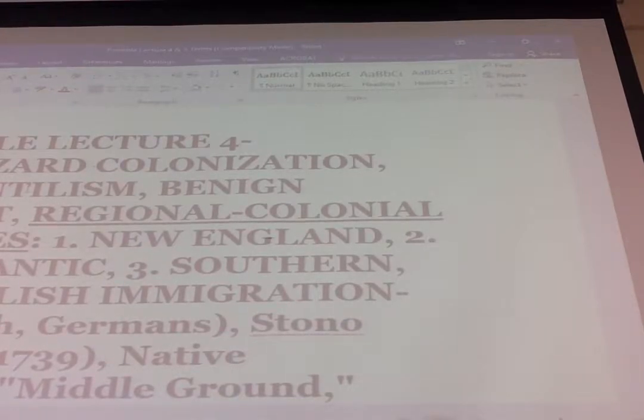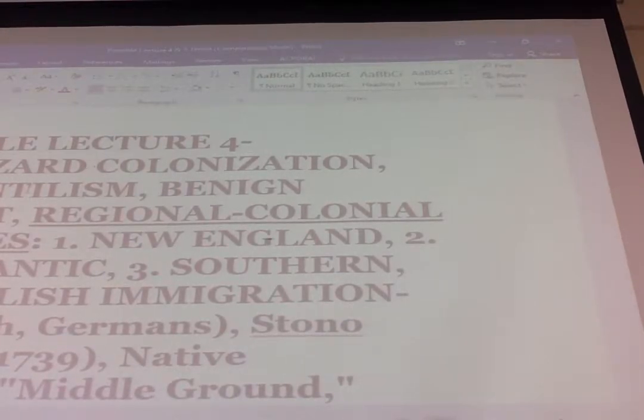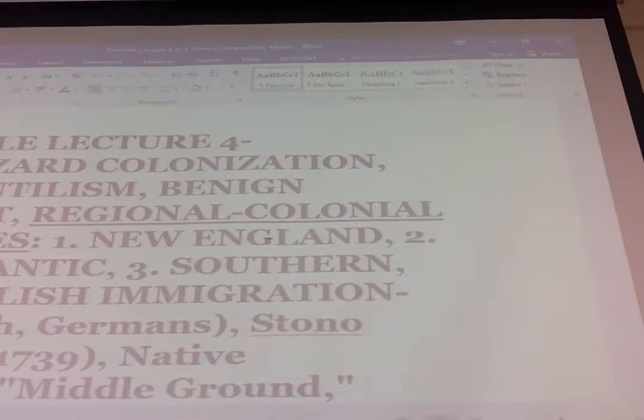When England is in civil war, they're not worried about what we're doing 3,000 miles away. They're dealing with their own issues. When England's at war with France in the old world or someone else, they're preoccupied with other things. But eventually they deal with that and they're like, okay, let's reorganize. Let's get things together. Let's crack down. That's when they're going to have this kind of tipping point, these issues.